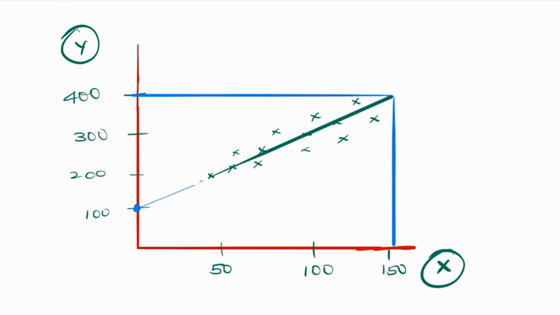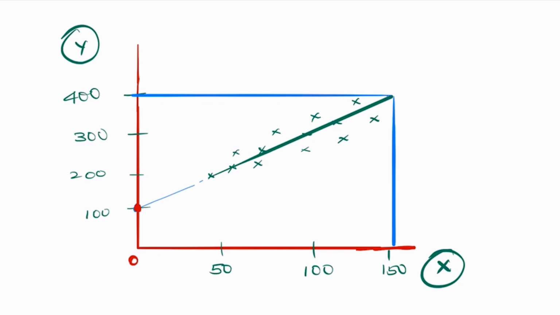This point where I'm incurring a cost even at 0 units becomes my fixed cost. My fixed cost in this particular question is now found out, which is 100. Now this 400 represents the total cost for 150 units.